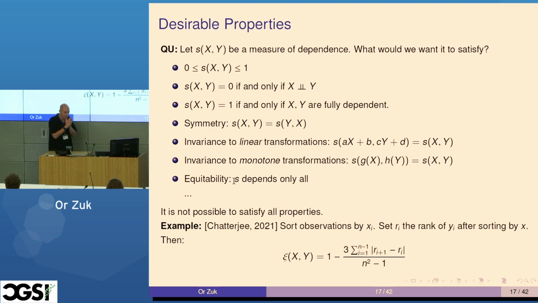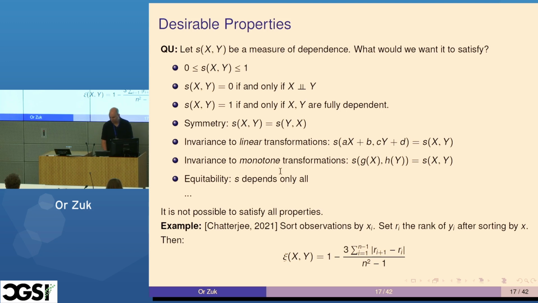He got a Nobel Prize for that. So here's maybe your next one: to prove that for different combinations of properties, you cannot have a coefficient that will satisfy all of them.